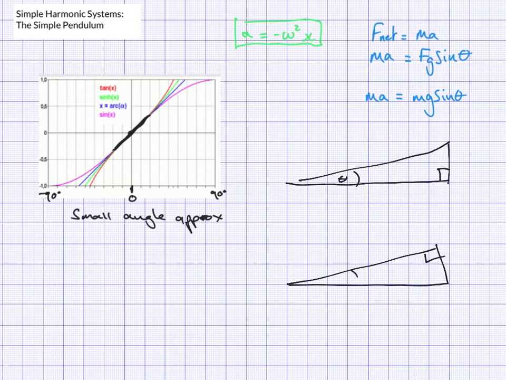This is going to be theta. Let's assume it's the same theta. I'm going to say that this is the length L, and this is an x value. And what I can say here then is that sine theta is equal to x over L. Okay? What I can also do over here, if this is L and this is x, is say that tan theta is x over L.